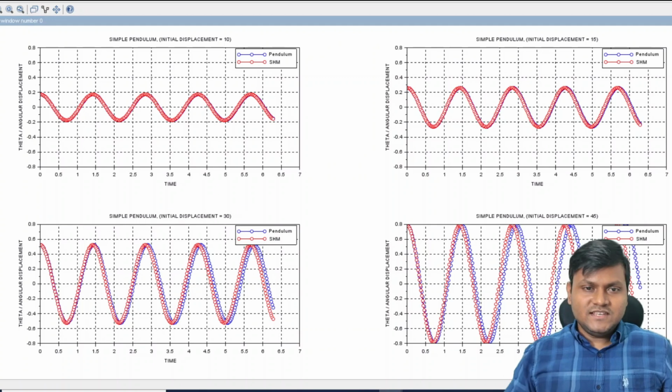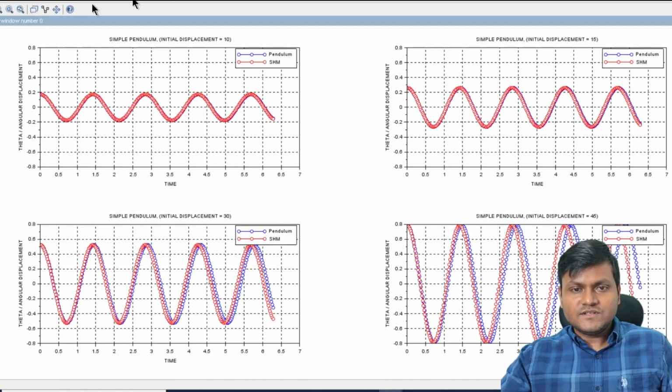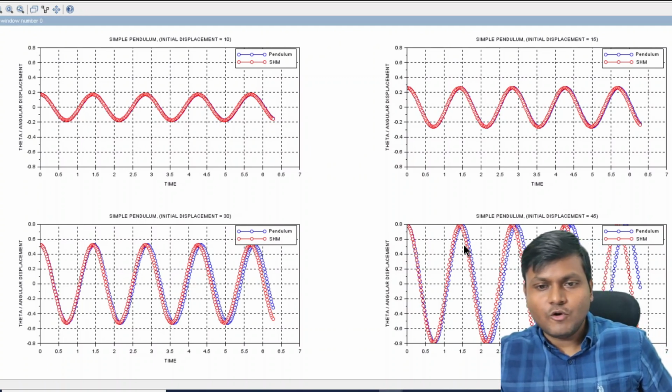As you can see here in the 4 graphs, the first graph represents the motion for theta equal to 10 degrees. The second graph represents the motion for theta equal to 15 degrees. The third represents motion for theta equal to 30 degrees. And the fourth one represents motion for theta equal to 45 degrees.